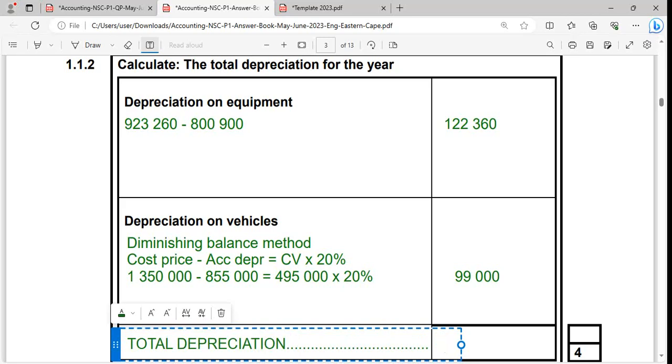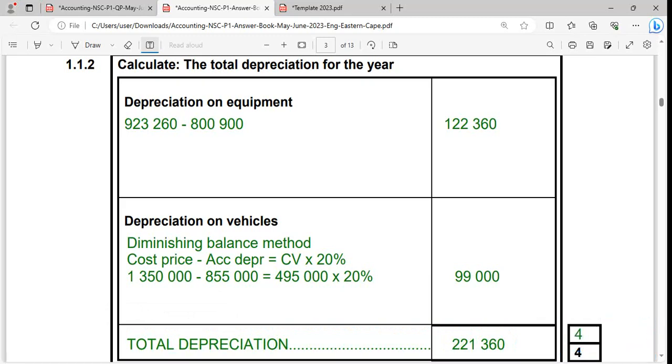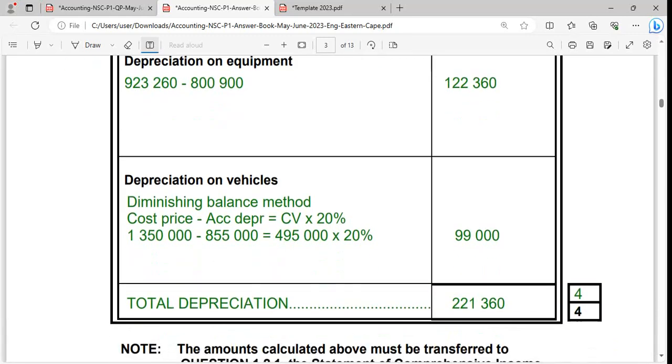So this will give a total of 221,360. So guys, this is the total depreciation. So by so doing, another 4 marks.